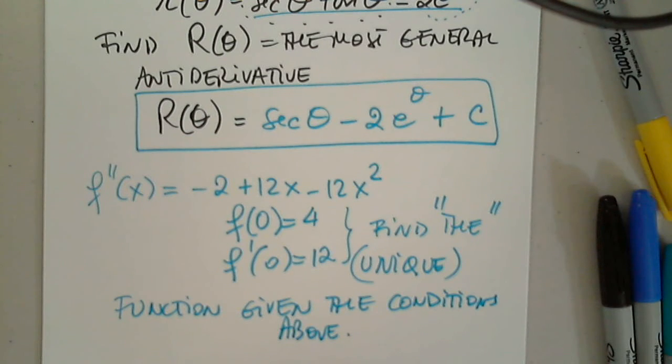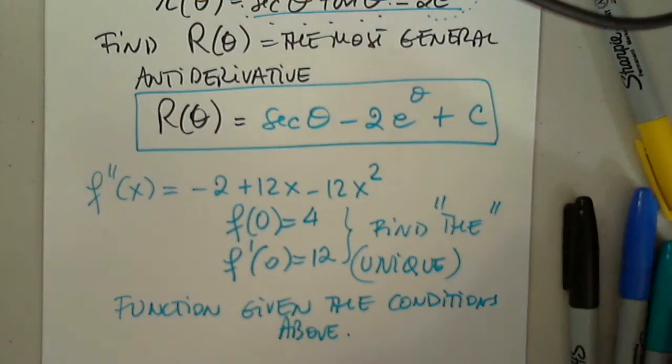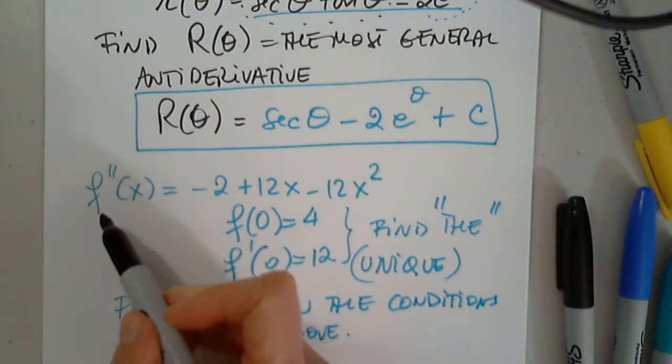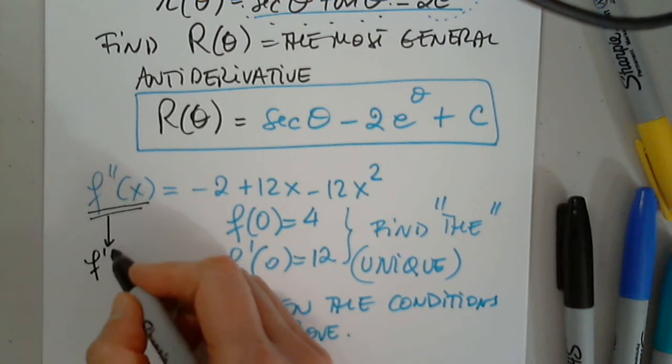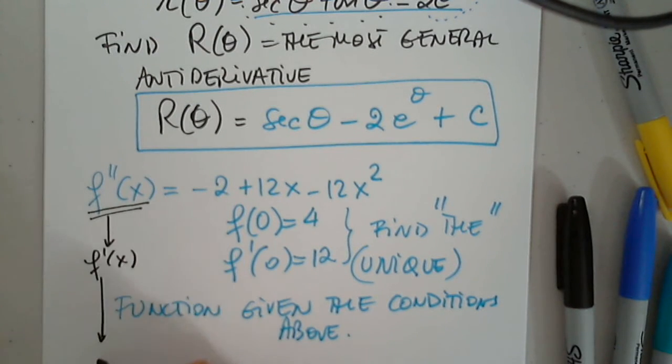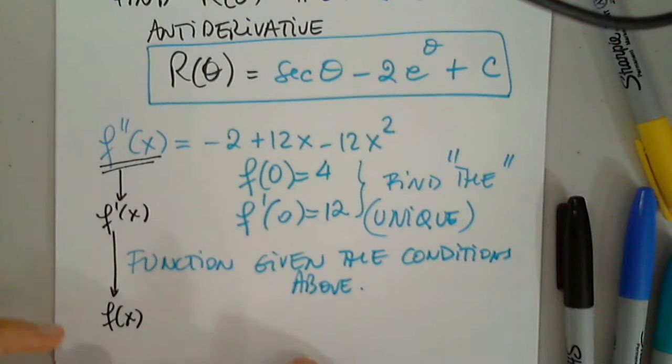This is the only function that complies with the given conditions. In order to determine the function, I have to go through the first derivative, and then reach the function. I cannot jump from the second derivative to the function. That's not possible.